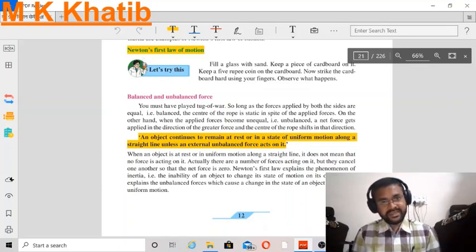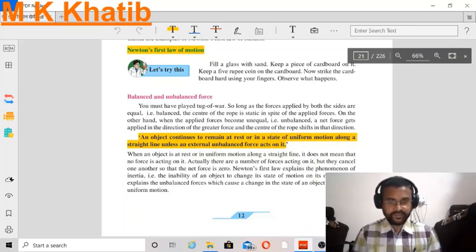So Newton's first law of motion can explain three properties: balanced force, unbalanced force, and inertia. Examples of Newton's first law of motion are a stationary train or a stationary object. These are the two most important examples.